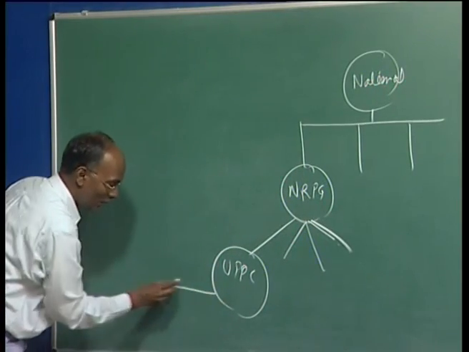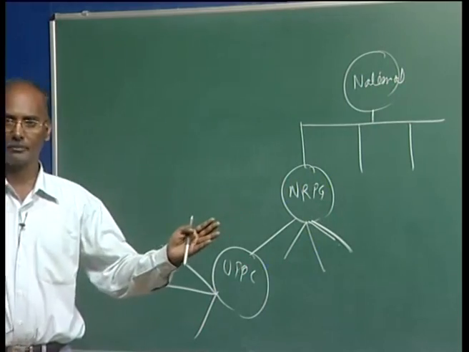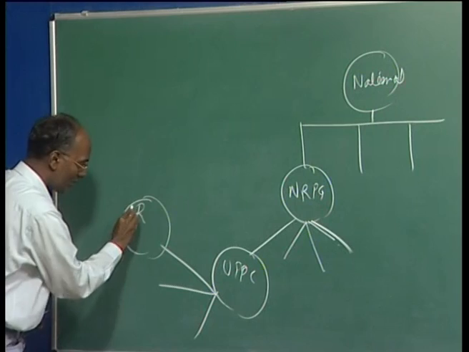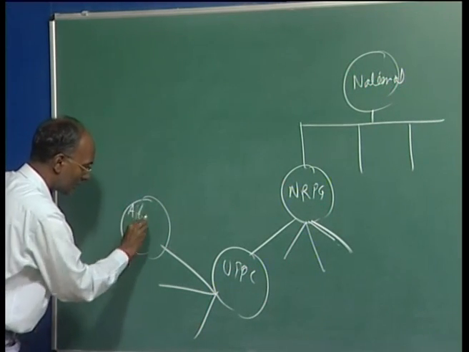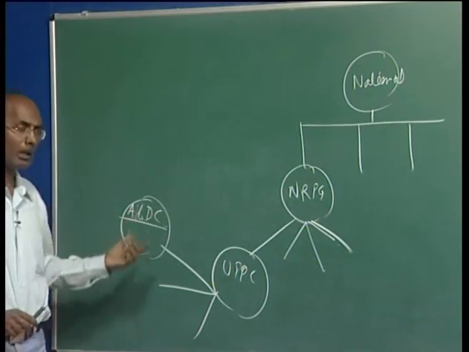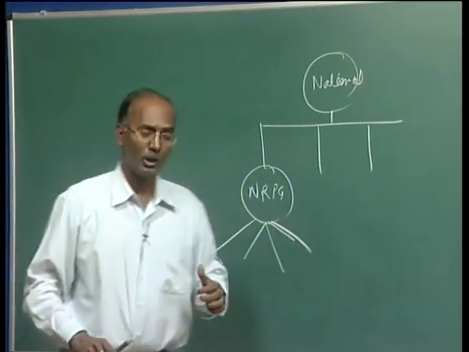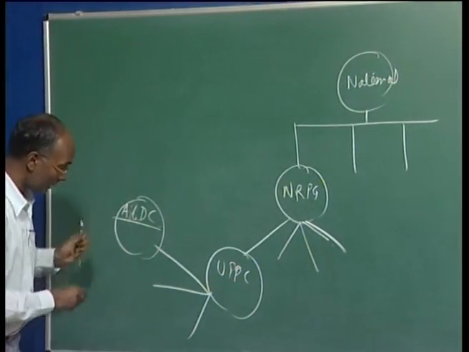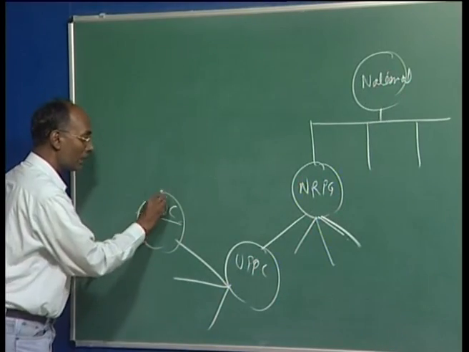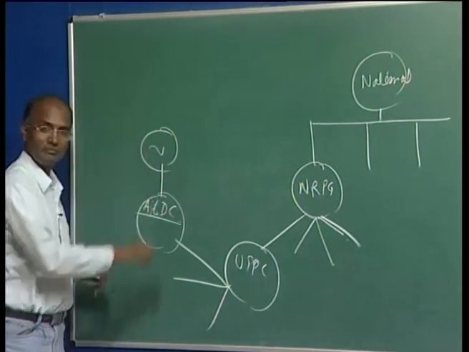In this state we also have the area load dispatch, because it is a very big state. So we have ALDC, area load dispatch centers, like those in Panki, Moradabad, Mughalsarai, and one more somewhere. Even though that is not sufficient, in each ALDC we may have a generating station.